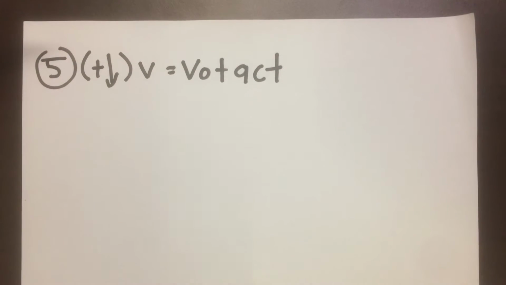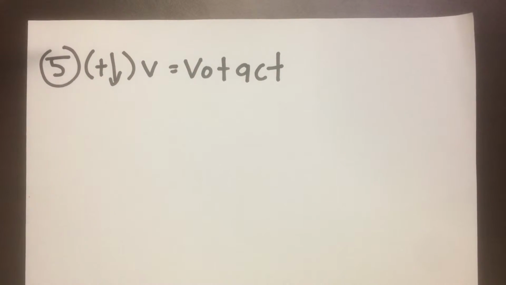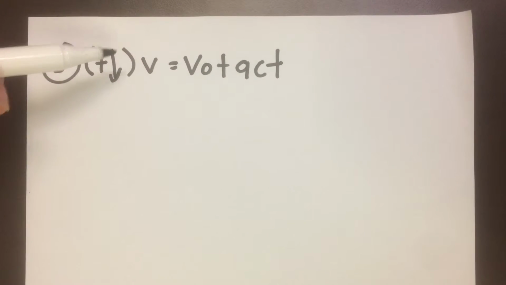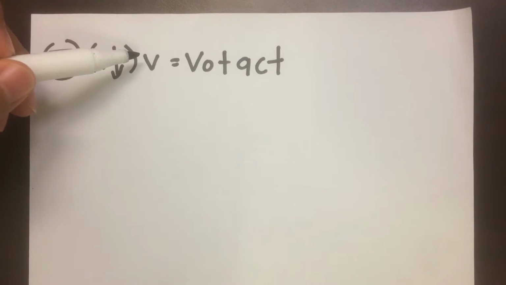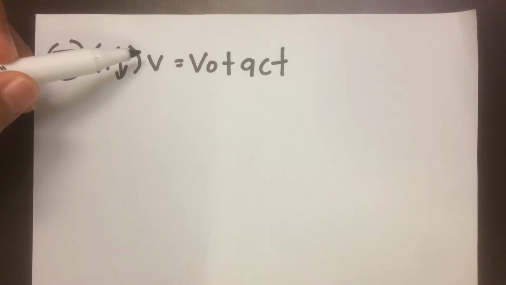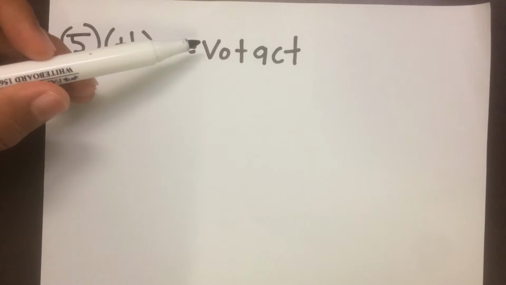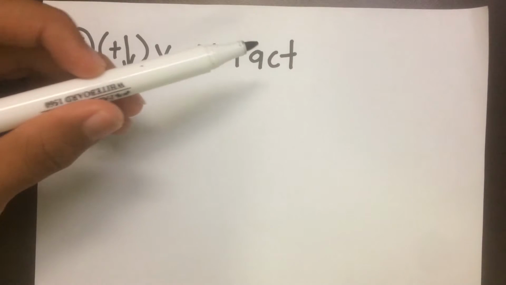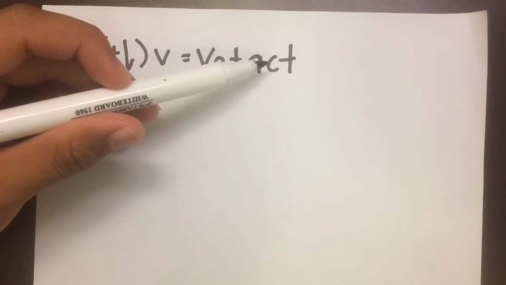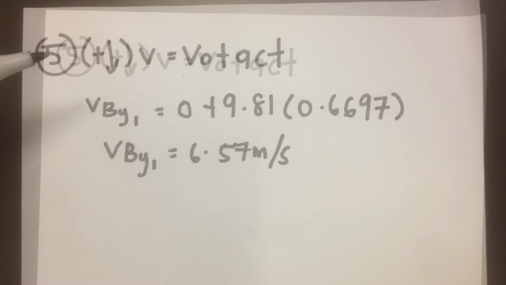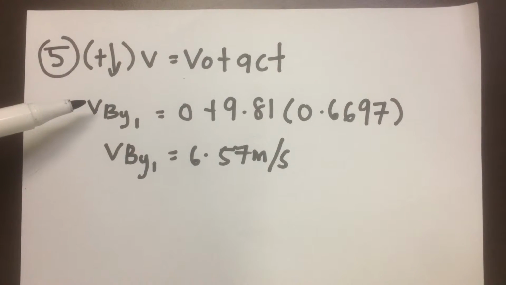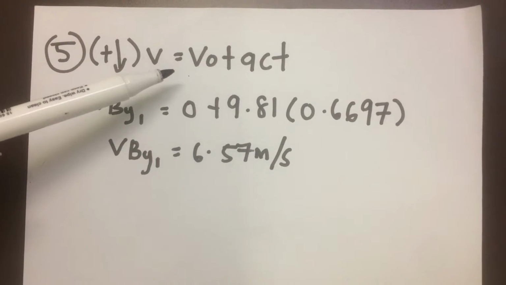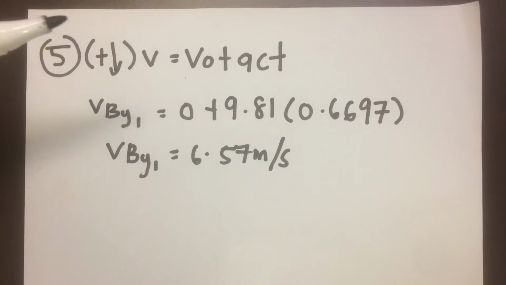To find the velocity VB, we use the equation of motion, velocity equal to original velocity plus acceleration constant multiplied by time. To find VBY, we can use this equation.